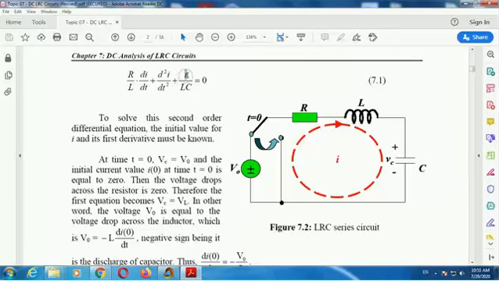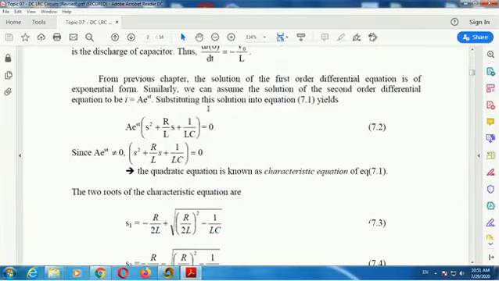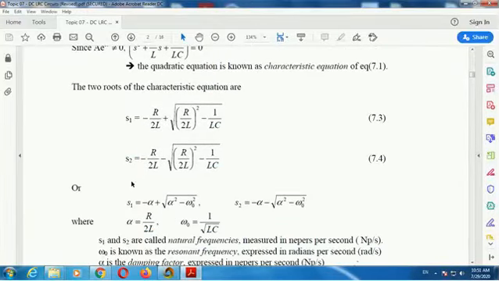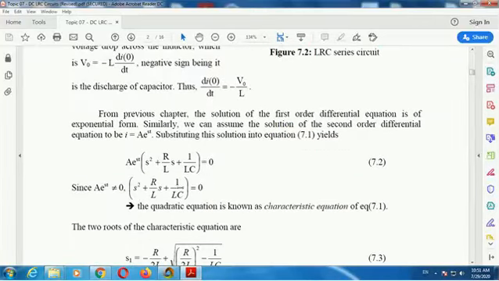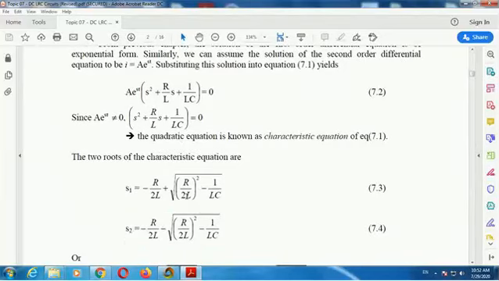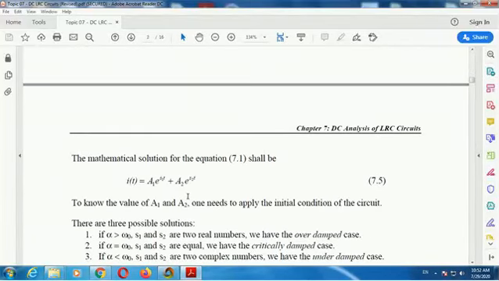We form I in terms of a second order differential equation, then we find the characteristic equation, then we solve for the roots S1 and S2. The general solution to this equation is A1 e to the S1 t plus A2 e to the S2 t.